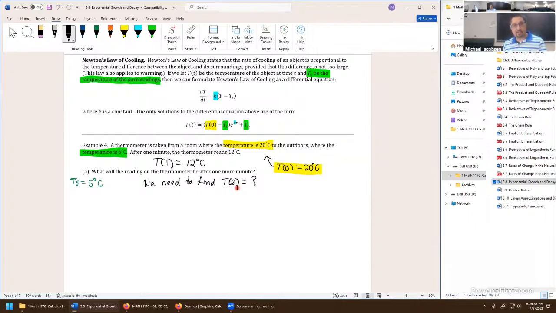Well, to put this all together, first thing we're going to do is build out the model. We can now say that temperature at time t is the initial temperature, 20 degrees, minus surrounding temperature, 5 degrees, times e to the power, here's our unknown k, we'll solve for that, times t, plus the surrounding temperature again, 5 degrees.